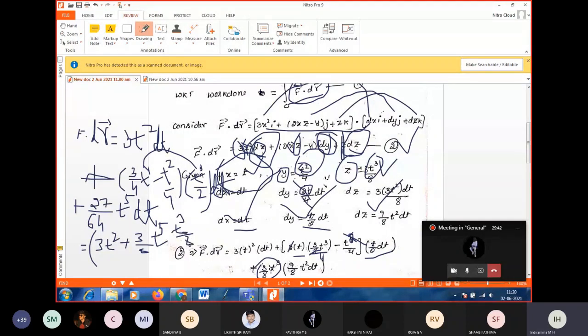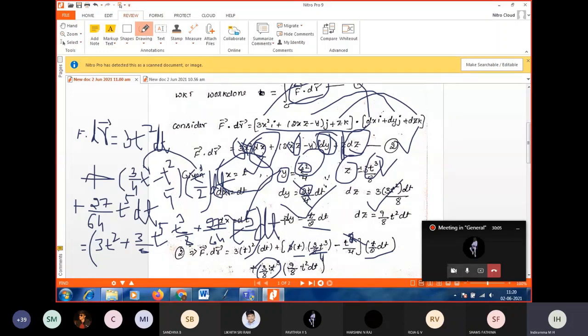I took dt common. Next plus 27 by 64 into t power 5 into dt. Now we obtain the value of vector f dot dr.